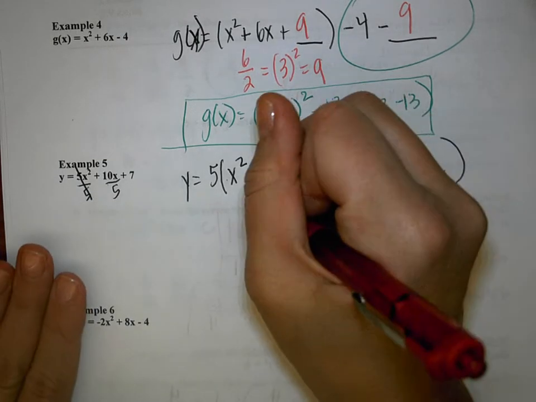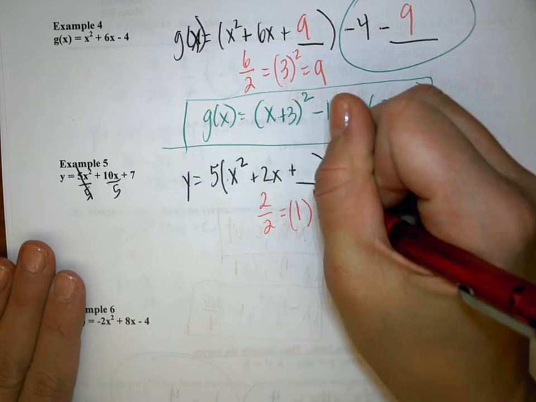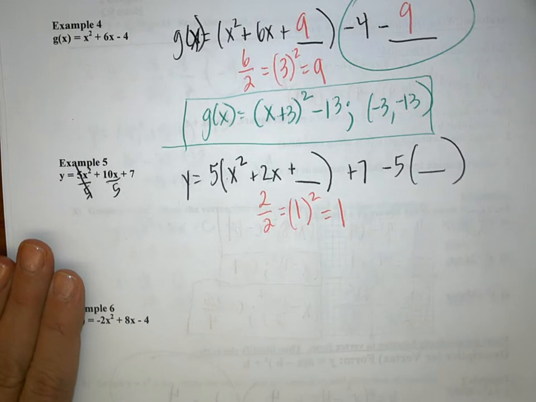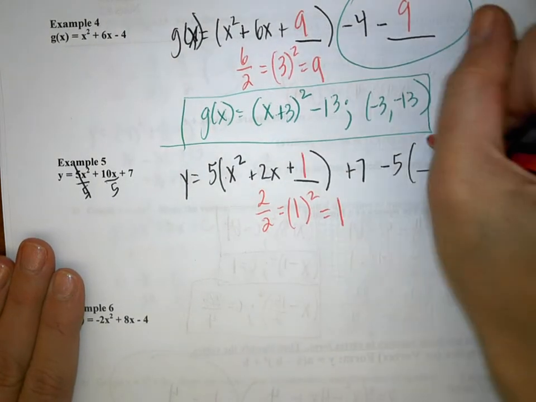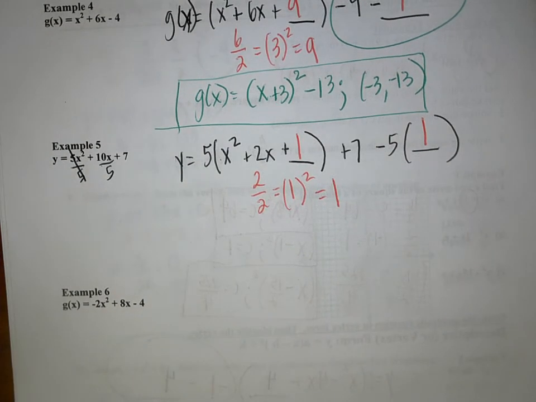Good. So 2 divided by 2 is what? 1, and then we do what? Square it, which is 1. So that means that 1 is going in each of my blanks. Okay, next, who can tell me? Oh, she's not here. Erin, now what?